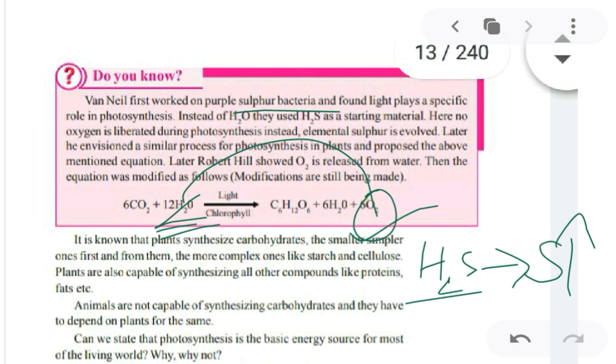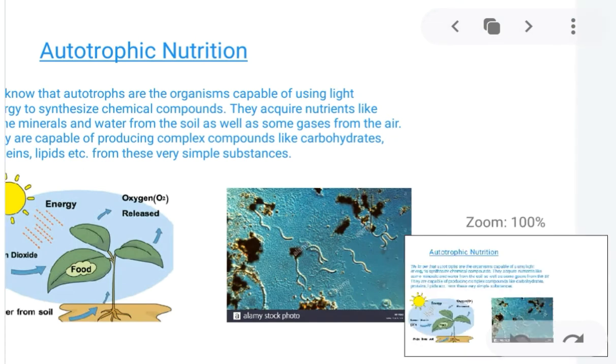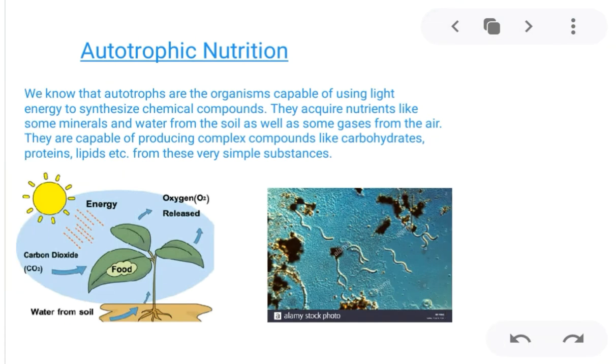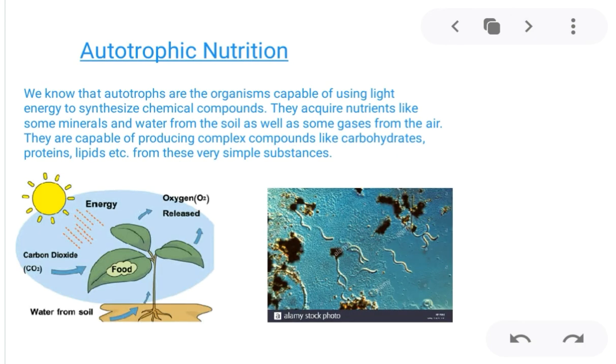So in this class we have discussed what is meant by nutrition. Two types of mode of nutrition we got the introduction to, autotrophic and heterotrophic. Autotrophic is where they can prepare their own food, and this is of two types: phototrophic and chemotrophic. Chemotrophic, best example sulfur bacteria.